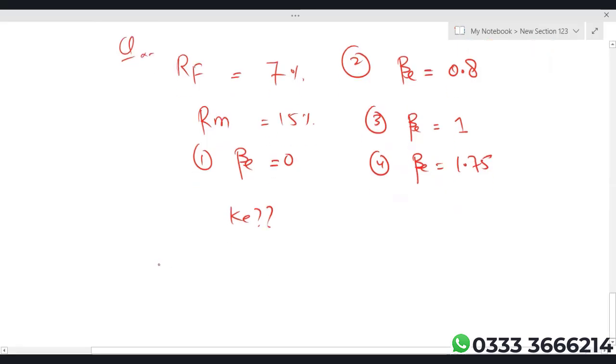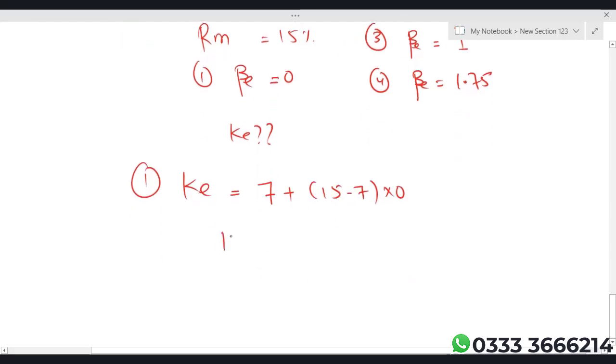Number 1. Can I say KE is equal to RF plus (RM minus RF) times 0? We'll get KE is equal to 7%. So please look at this finding number 1.